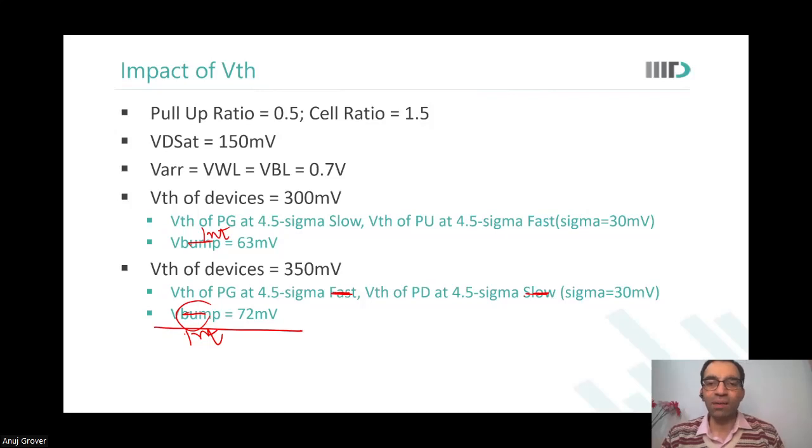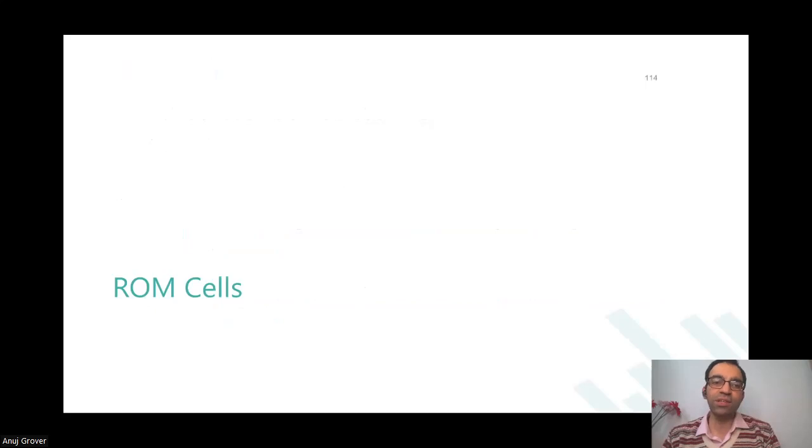So now we come to the next part of today's session, which is ROM cells. We talked about ROM cells earlier. What was one thing that we established for the ROM cells? We were using different kinds of layers, like the diffusion or the metal or the via, to program them.